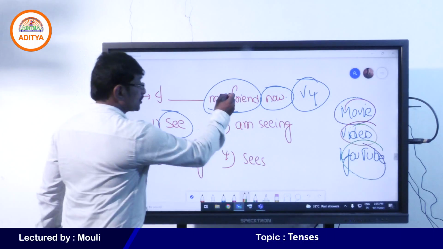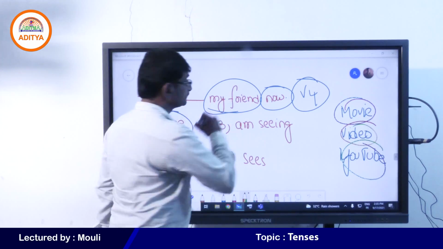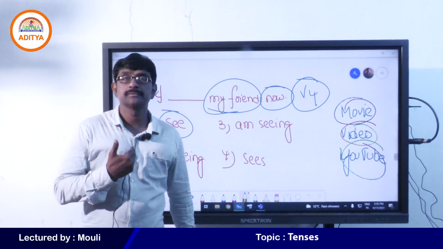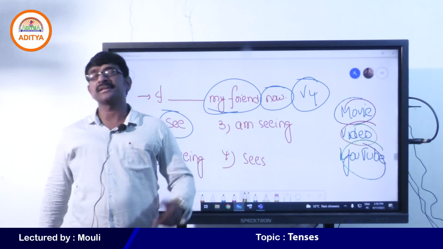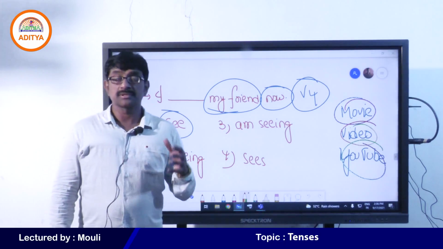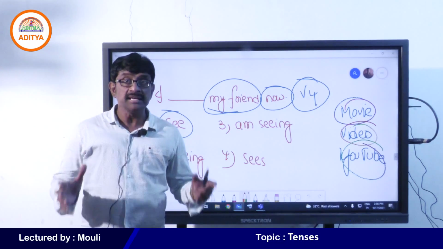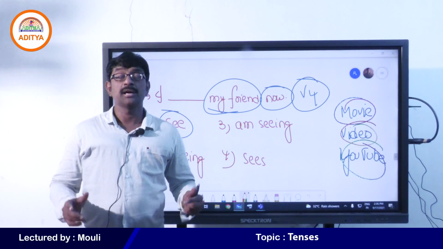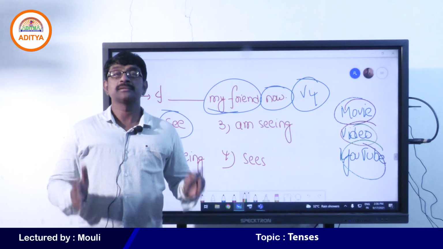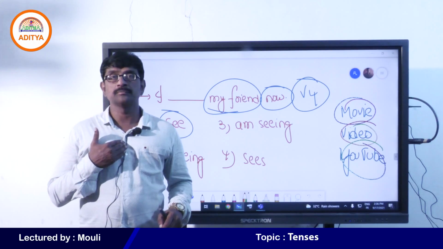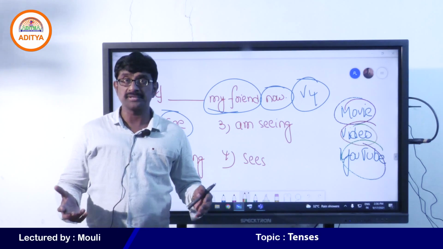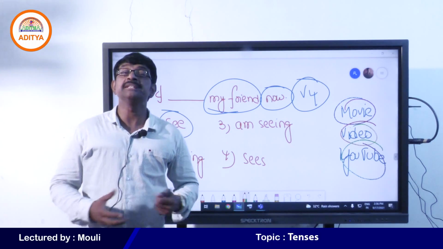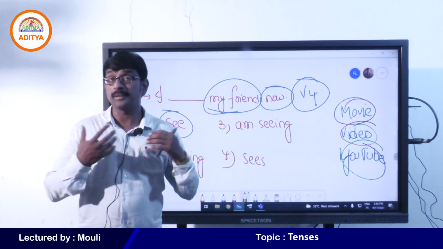But here the context is friend. My friend. When we use such a sentence, we can definitely use seeing, because here seeing does not mean that I am seeing my friend. Seeing means that I am meeting my friend. That's the difference.